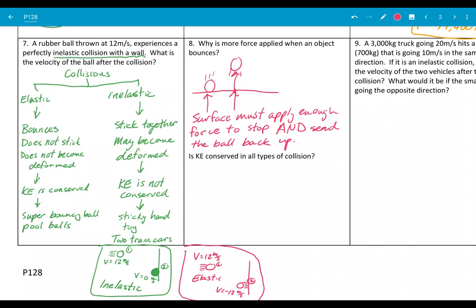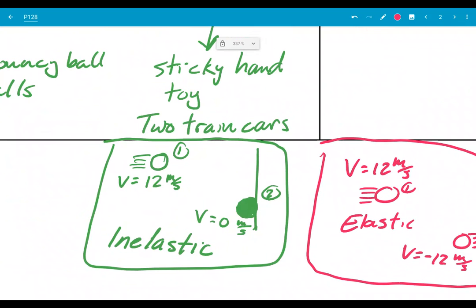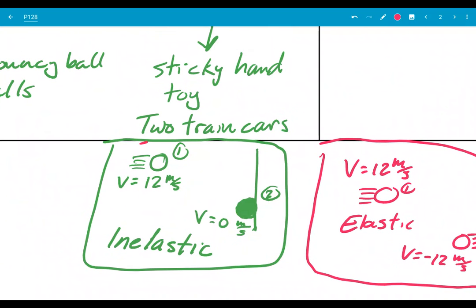All right. Is kinetic energy conserved in all types of collisions? You might think so. But when we look at this inelastic collision here, we had a bunch of kinetic energy in this ball that's moving. But when it hits the wall and stops, the kinetic energy becomes 0, which means that the kinetic energy is not conserved.